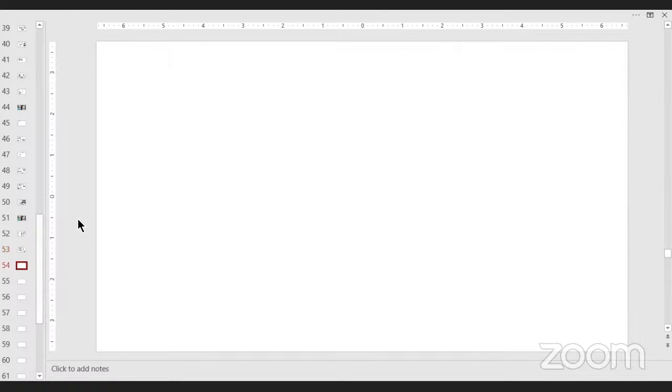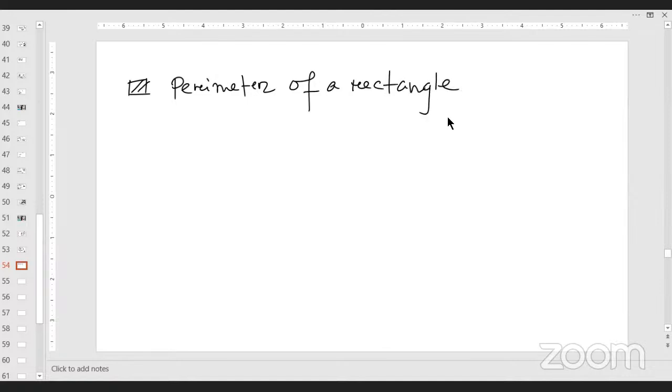So if you are asked what the perimeter of a rectangle is, we can write straight like this: perimeter of a rectangle, not for all the shapes, only for a rectangle. A basic parallelogram will also follow the same rule.